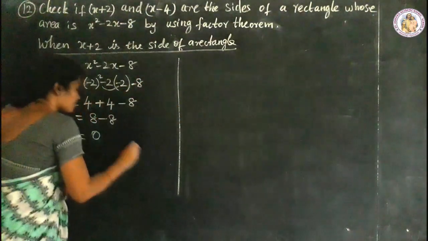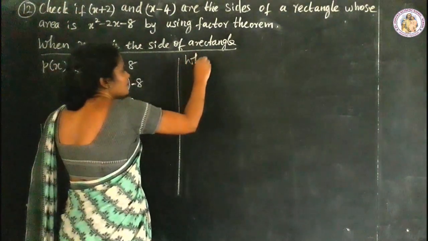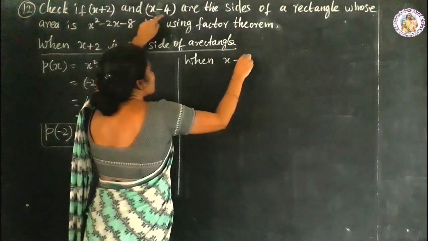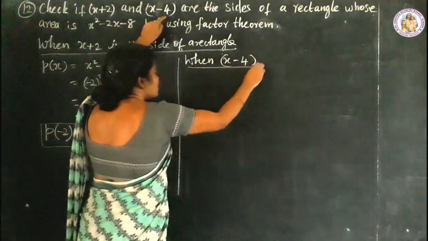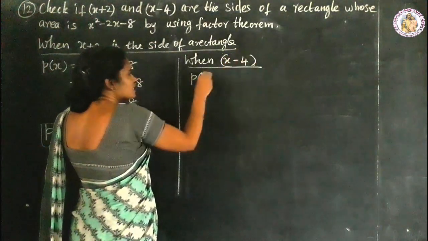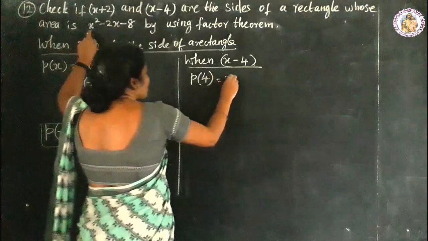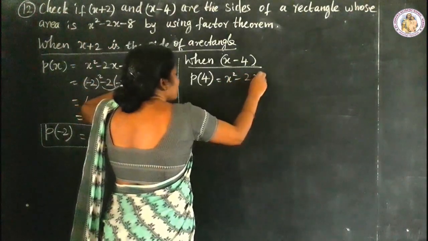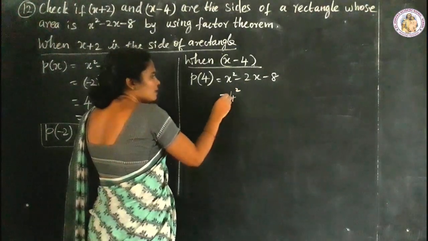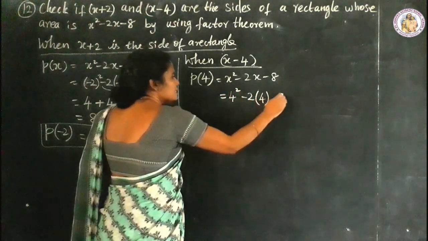Then, when the other side x minus 4 is a factor, so take p of 4, when it goes to the other side it becomes plus 4, is equal to the polynomial x square minus 2x minus 8. So x square, so 4 square minus 2, in the place of x apply 4, minus 8.